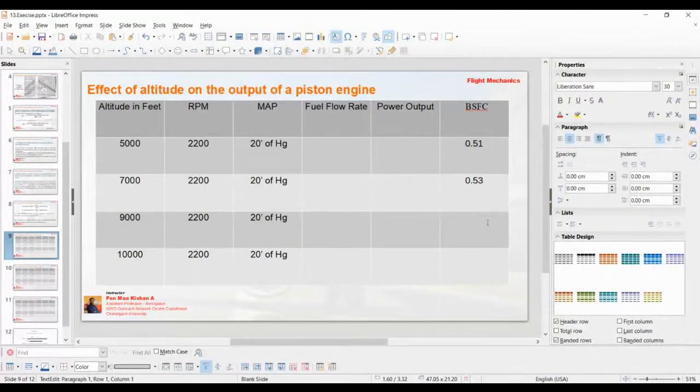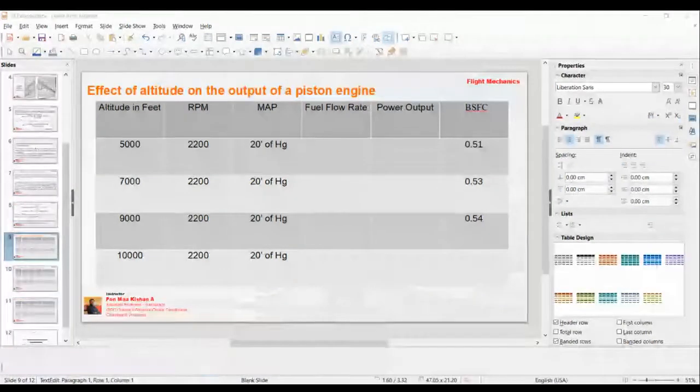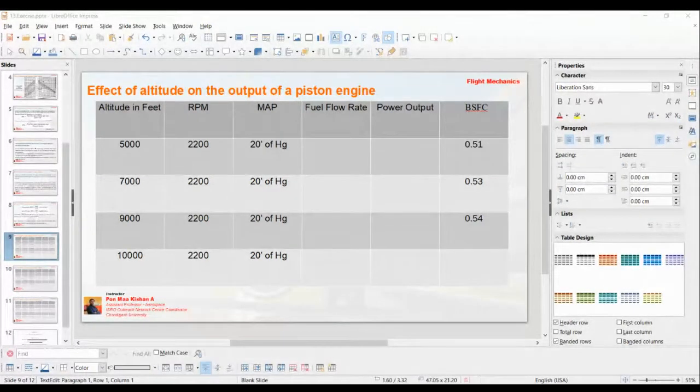0.54 for 9,000, good. 0.54. Great, great. Next, 10,000. Kindly others also check the value. Don't sit idle.